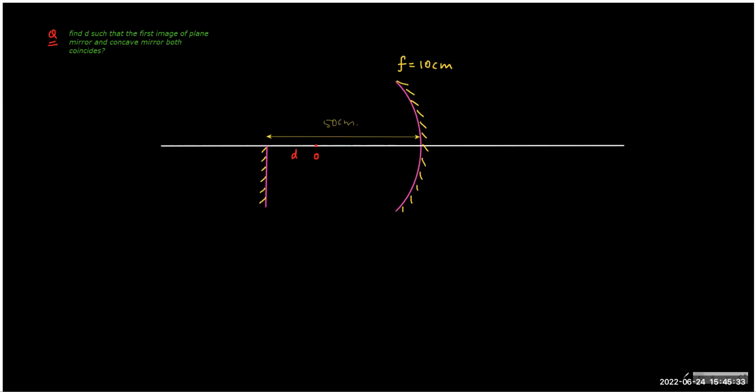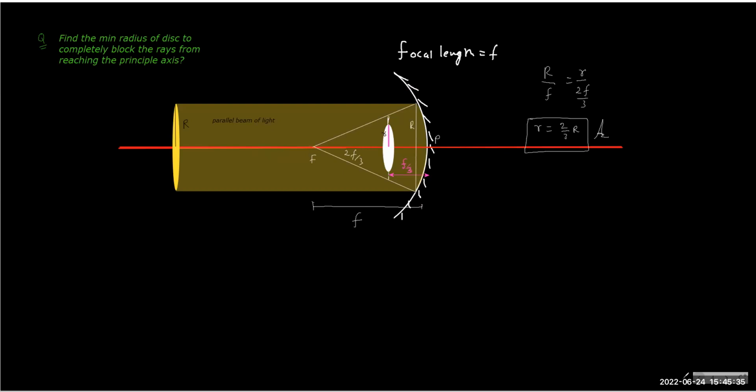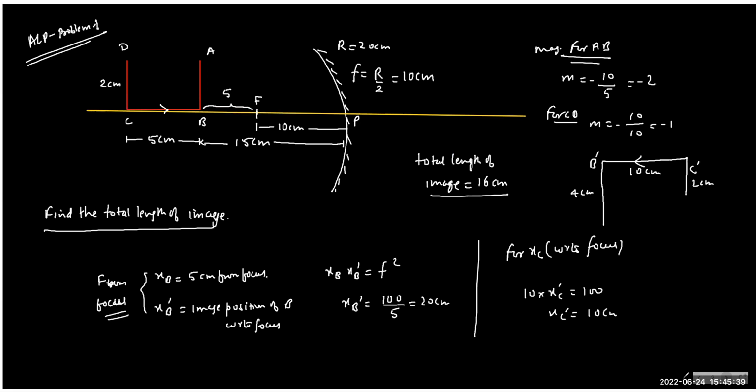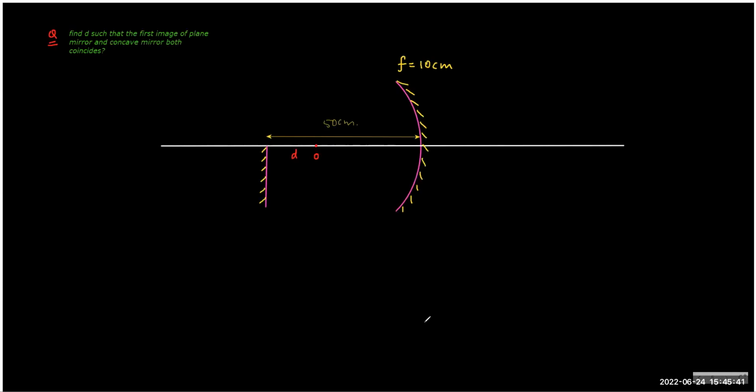Sir, the radius of curvature, number means 30 centimeter. Pardon? Tell me. So 30 centimeter, D. Okay, it's giving 30 centimeter. Okay, so the first image by the plane mirror will be somewhere here, right? D away. Yes. And this should act as the image for the concave mirror as well.